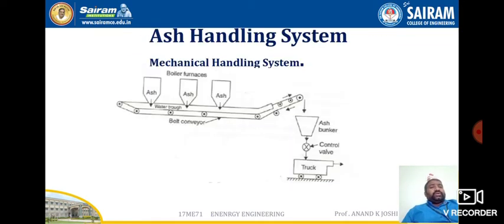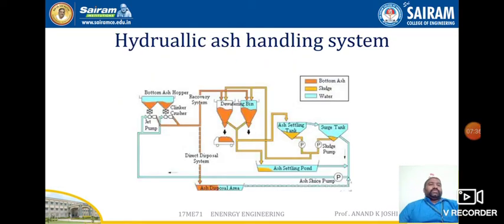Next, we are going to discuss the hydraulic ash handling system. In this system, the ash from the furnace or grate falls into a stream of water possessing high velocity, and it carries the ash to the sumps.